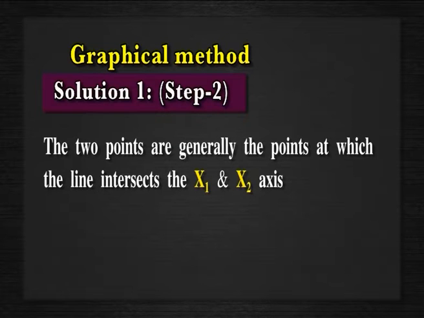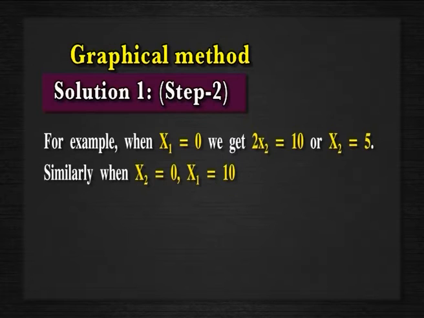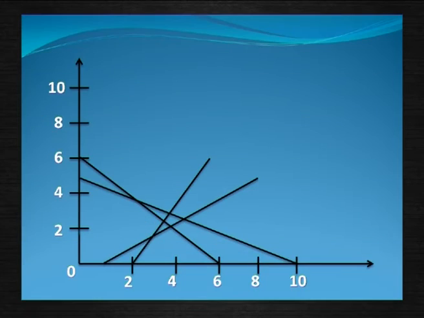The 2 points are generally the points at which the line intersects the x1 and x2 axes. For example, when x1 = 0, we get 2x2 = 10 or x2 = 5. Similarly, when x2 = 0, x1 = 10. These 2 points are then connected by a straight line as shown in the figure.